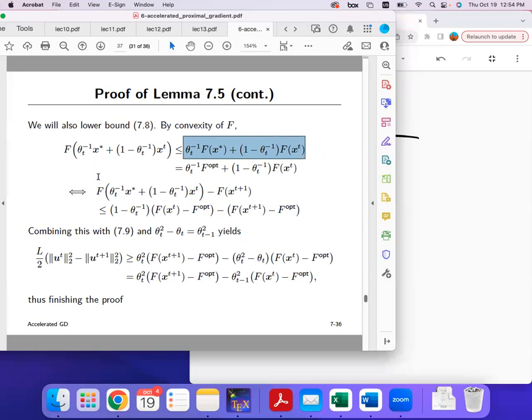And then from this, we can further claim that this term subtracting the function value at xt plus 1 is less than or equal to the right hand side subtracting f of xt plus 1. And then the right hand side can be further simplified into this form.